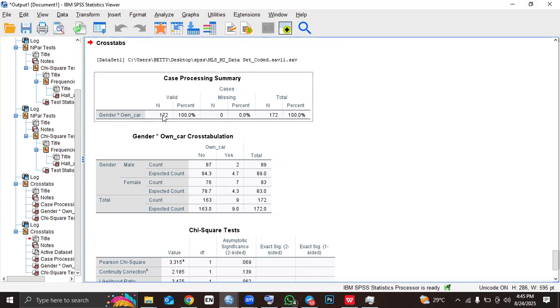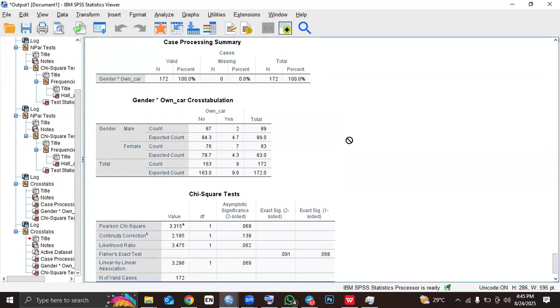The number of valid cases in our data was 172, representing 100% of the population. We had no missing data, and the total number and percentage is also displayed here for you.